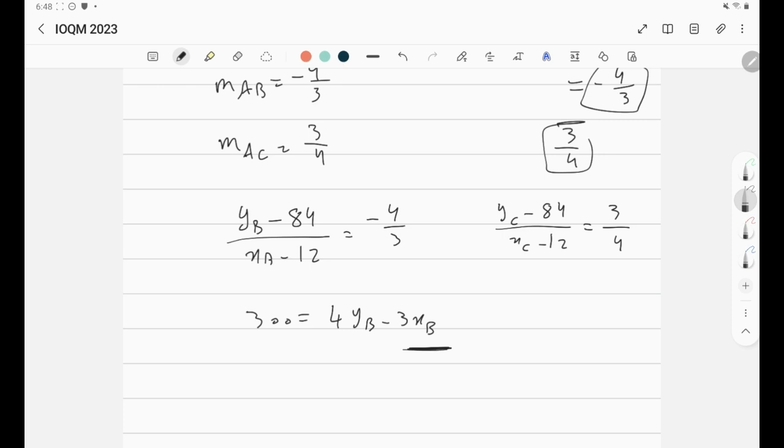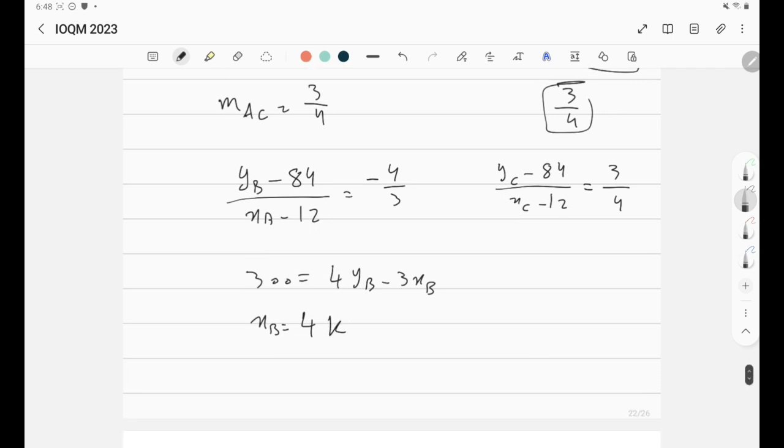So x, for example, is divisible by 4 for sure, so you can set xB to be 4 times some number, let's call it k. So of course that's going to give you yB is going to be 75 plus 3k.